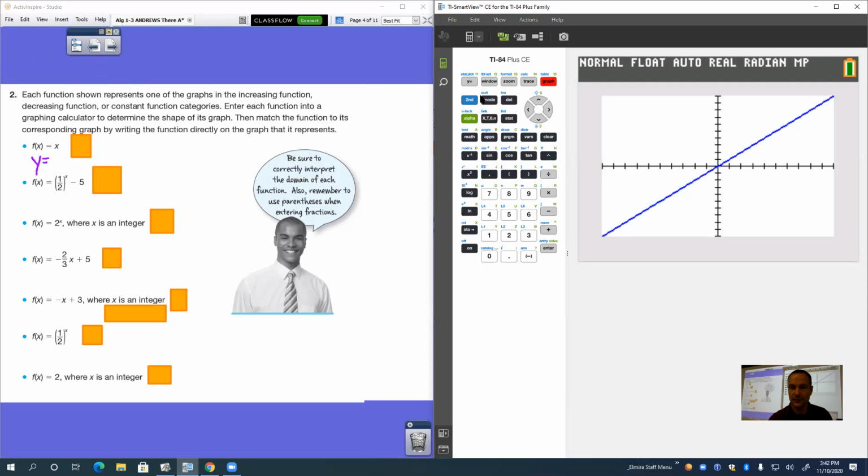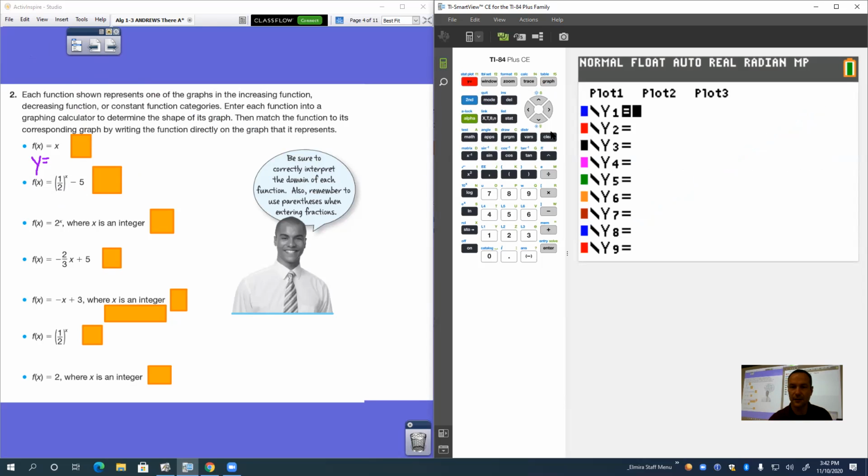The second one, so go back to y equals, clear out what's there. We need parentheses. The parentheses are above the 8 and the 9. We have 1/2. Now you could type in 1/2 as 1 divided by 2, or you could type in 1/2 as 0.5, or you could type in alpha and then y equals.